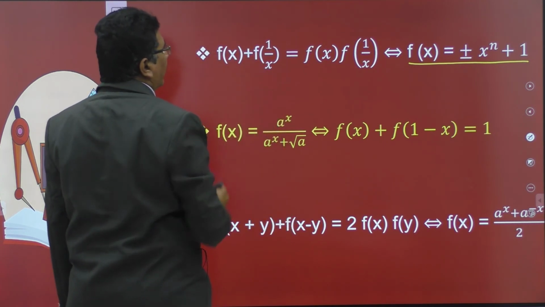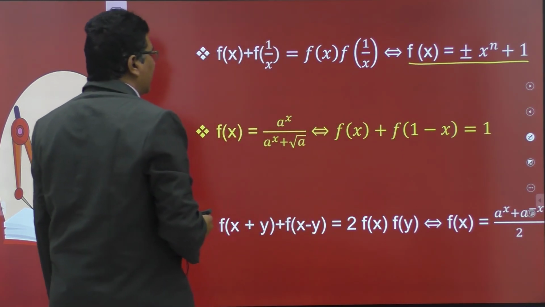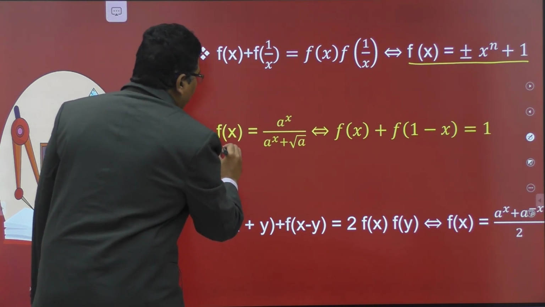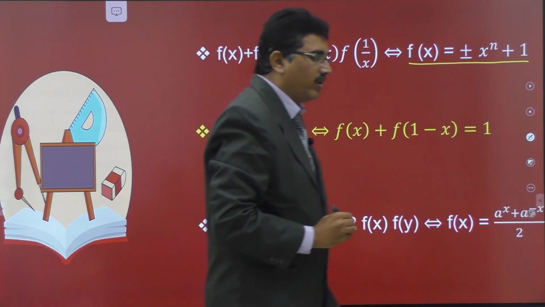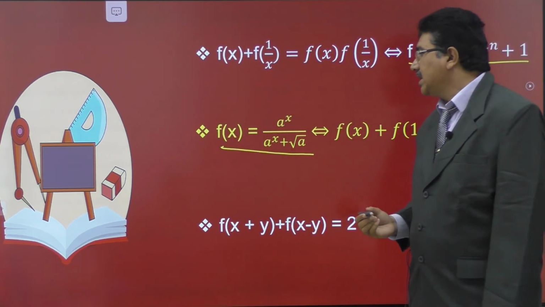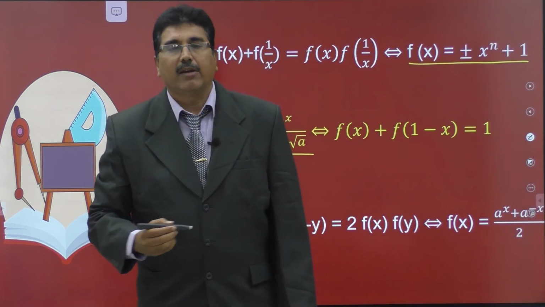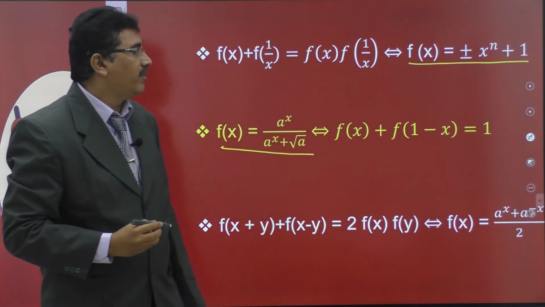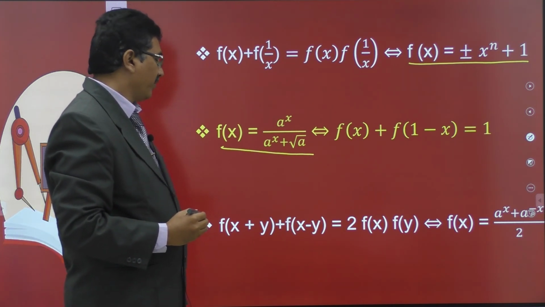This is an equation satisfied by this function. Right? Now, f of x is equal to a power x divided by a power x plus root a. This function satisfies the equation f of x plus f of 1 minus x is equal to 1.